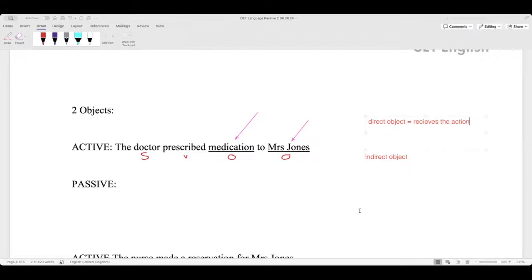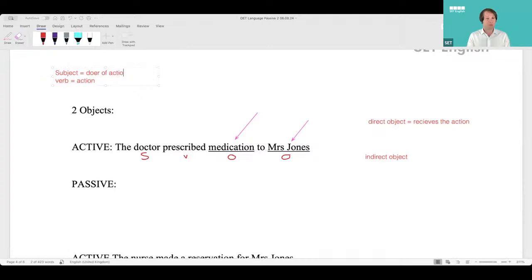So just a quick review again. Subject, what is a subject, guys? The doer of the action. Verb describes the action. I hope this is making sense, Carmen. You said that you've never done formal grammar, even though your speaking is very good. So subject, doer of the action.